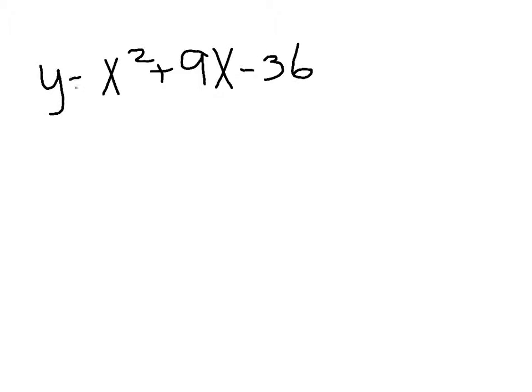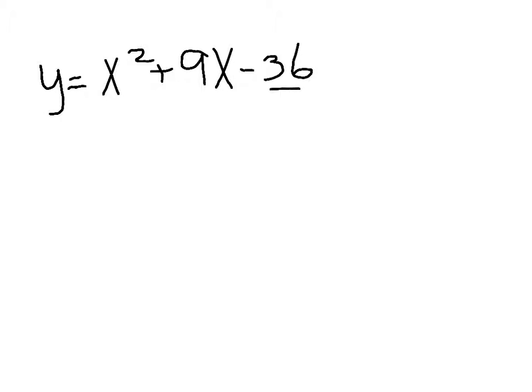Let's try another one. So if we have x squared plus 9x minus 36, and I'm going to tell you to solve this expression. Okay, remember when I say solve it, all I'm doing is asking for the x-intercepts. So I want to go ahead and factor this using our trick.